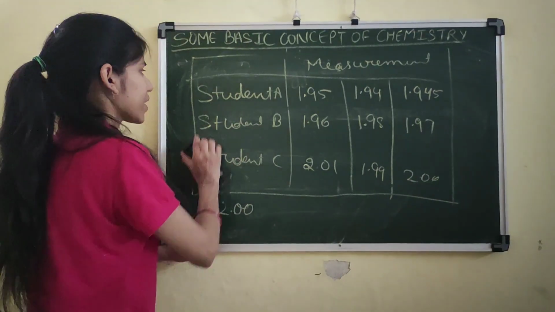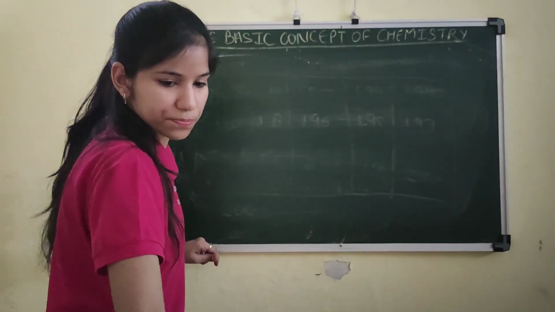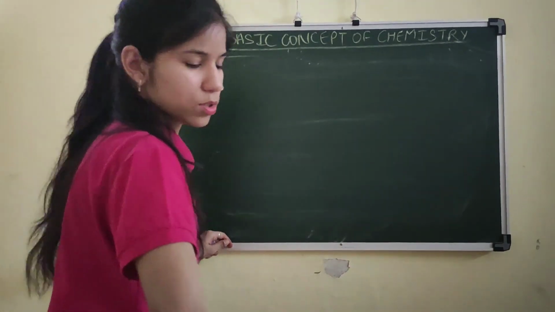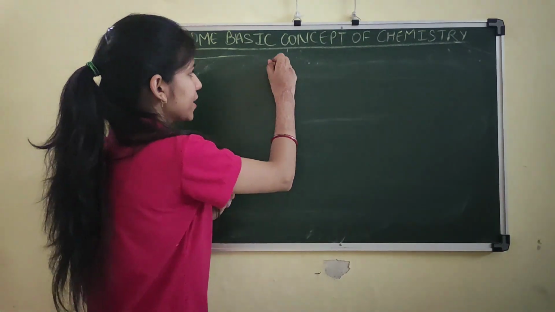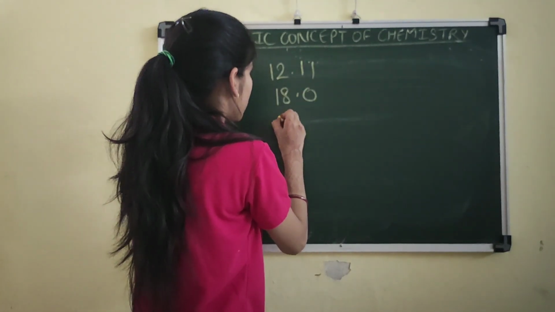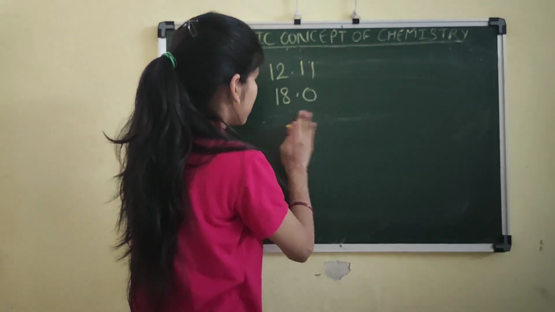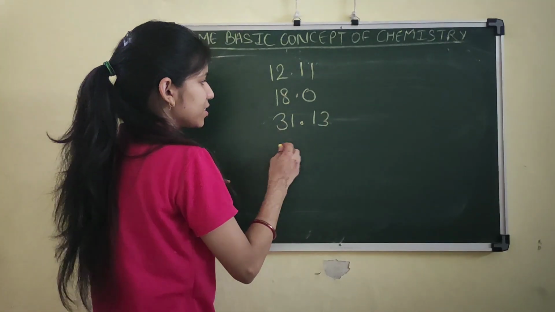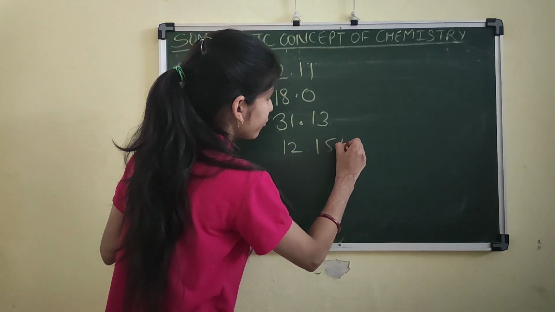And now we study addition and subtraction of significant figures. There are some numbers present like 12.11, 18.0, 13.0, 31.13 and 12.154.